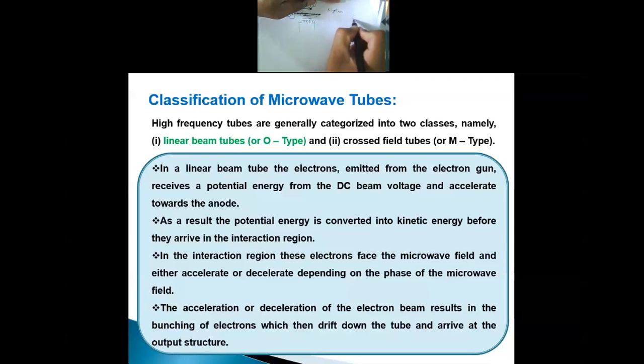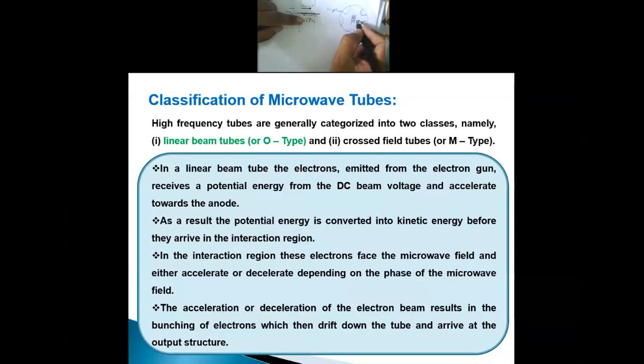But if you consider this, this is a cathode, it emits the electron, and this is the anode. What happened here? Here we have a field, and the field is perpendicular.